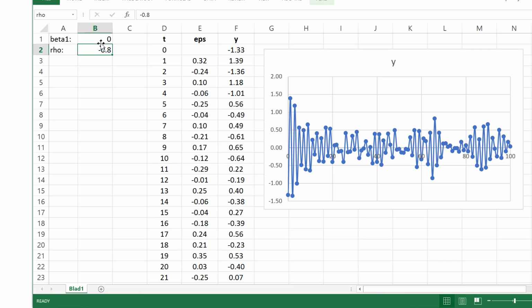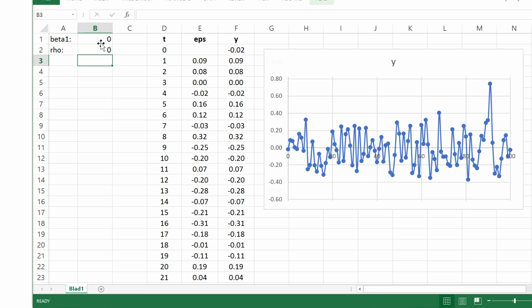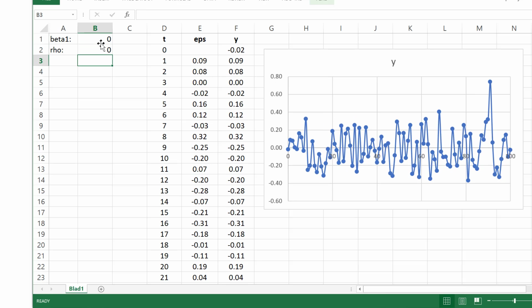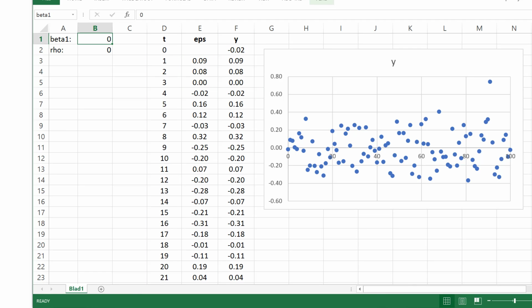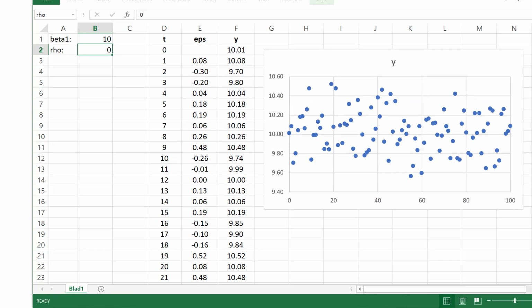So I'm putting this back at 0, and let's remove these extra lines. If I increase my beta 1, well, it is the intercept, so you're probably not going to be too surprised to see that if I increase beta 1 to 10, the whole data set will just move up and the intercept will be 10.